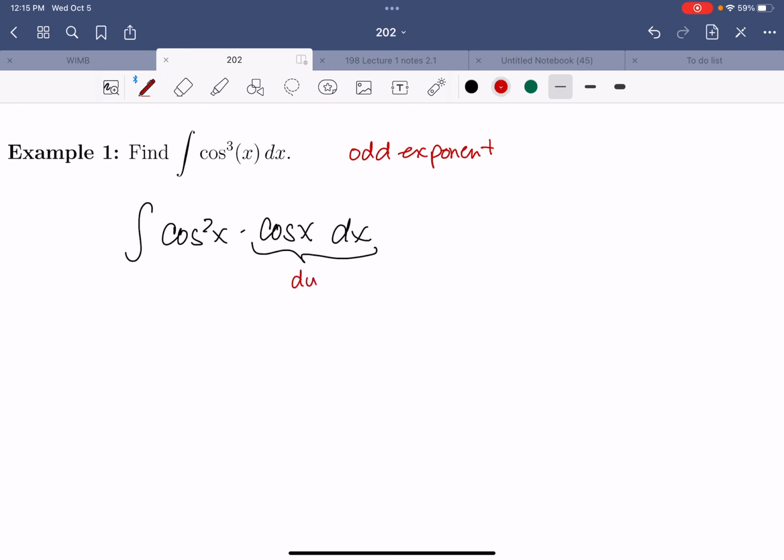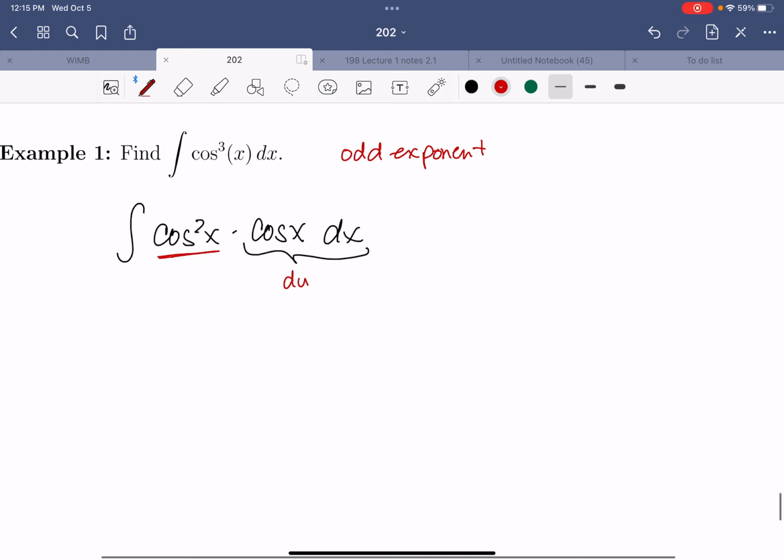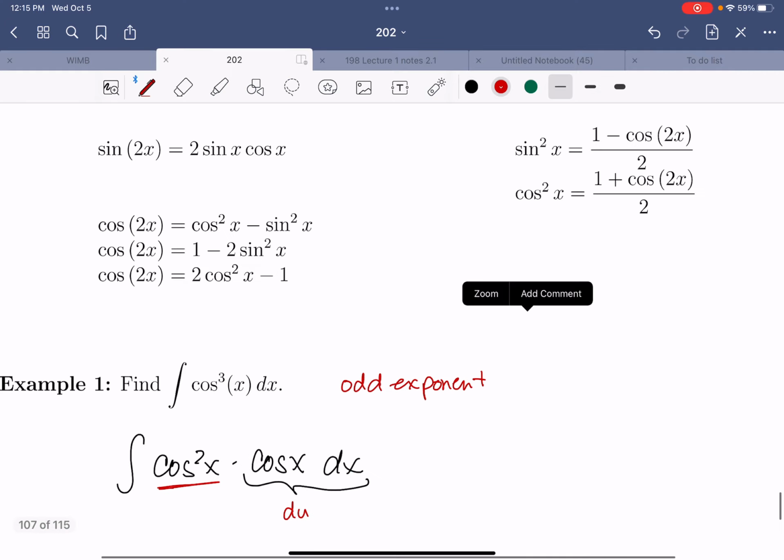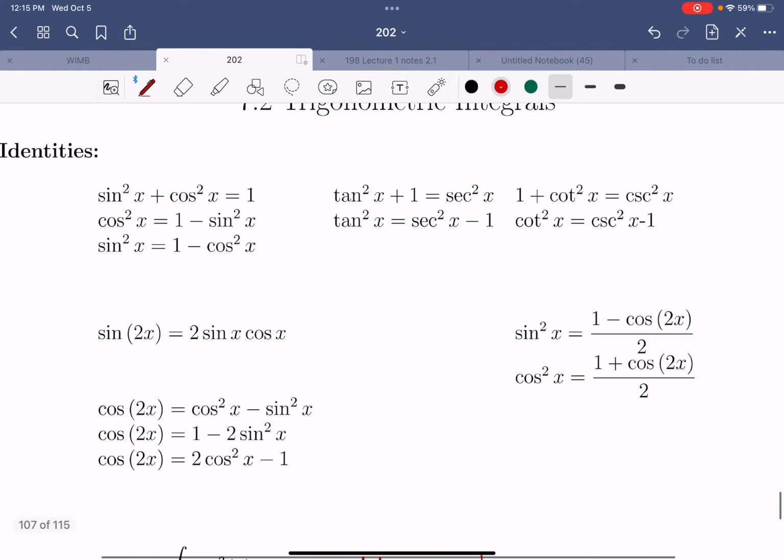But cosine is the derivative of sine, so I would need my u to be sine in order for cosine x dx to be my du. But right now I have cosines here. So how can I convert this to sines? Well, I can convert this to sines if I go up here and say, oh, okay, well, cosine squared is 1 minus sine squared.